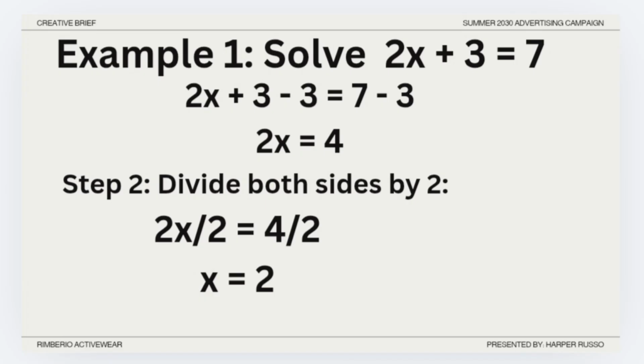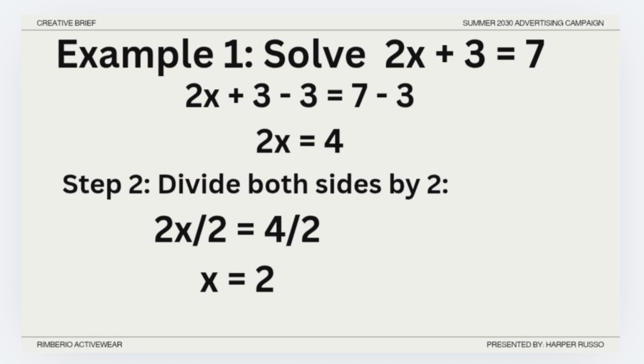Example 1. Solve 2x + 3 = 7. Step 1. Subtract 3 from both sides to isolate the term with x. 2x + 3 - 3 = 7 - 3. 2x = 4. Step 2.